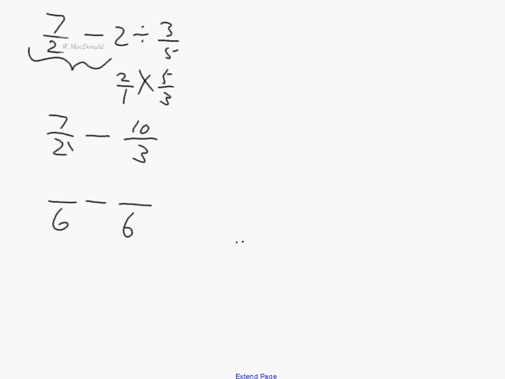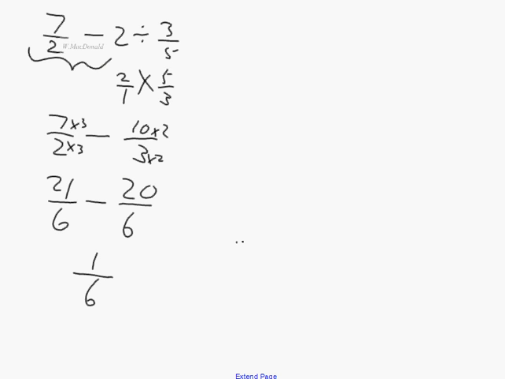The equivalent fraction to 7 halves that has a denominator of 6 will be 21/6. The equivalent fraction to 10/3 that has a denominator of 6 will be 20/6. So 21/6 take away 20/6 is 1/6, and that's your answer for the first question.